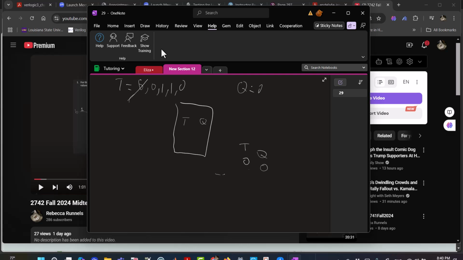And then on the next clock cycle I look to see, well, what was T before? And before T was 0, so that means no change. So Q is 0, and then I can read T off my list here is 0. Now on my next clock cycle, Q is going to look at what T was the time before. It was 0, so Q doesn't change, and T becomes 1.